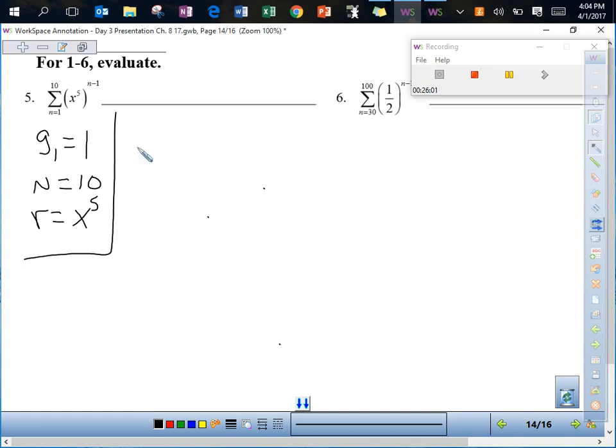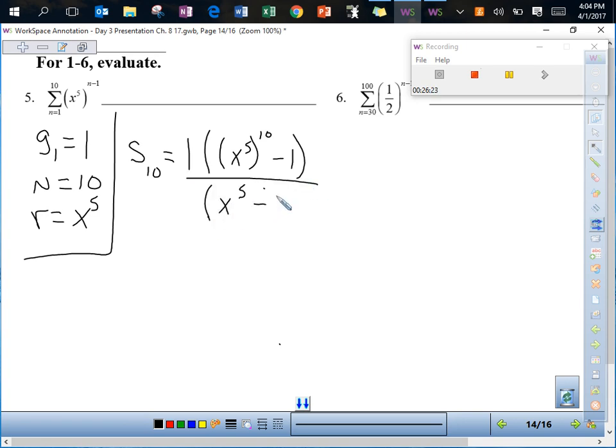Well, here goes. The sum of these 10 terms can be found by g sub 1, 1, times parenthesis, x to the 5th to the 10th minus 1, all over x to the 5th minus 1. Your calculator doesn't help you any.